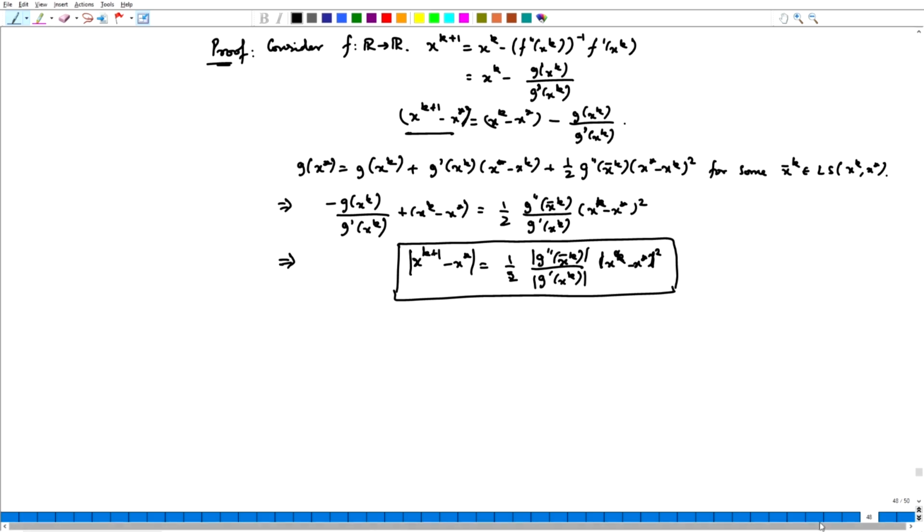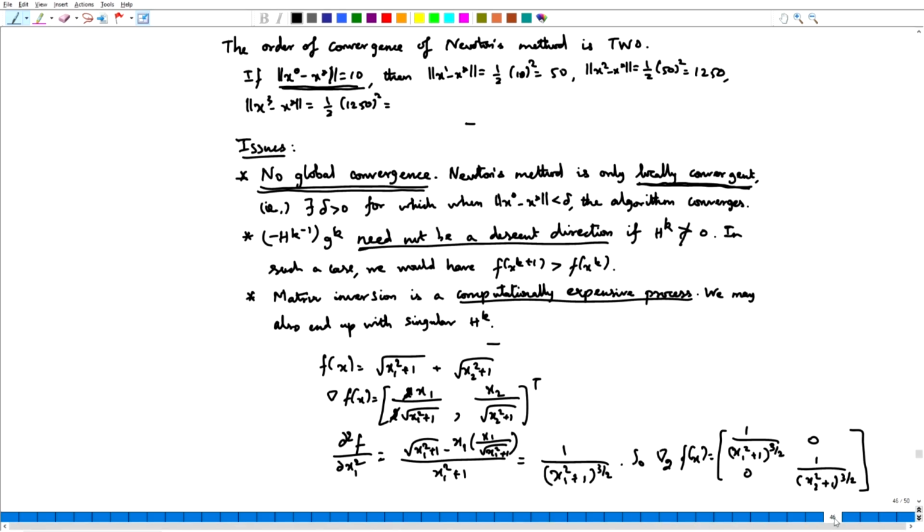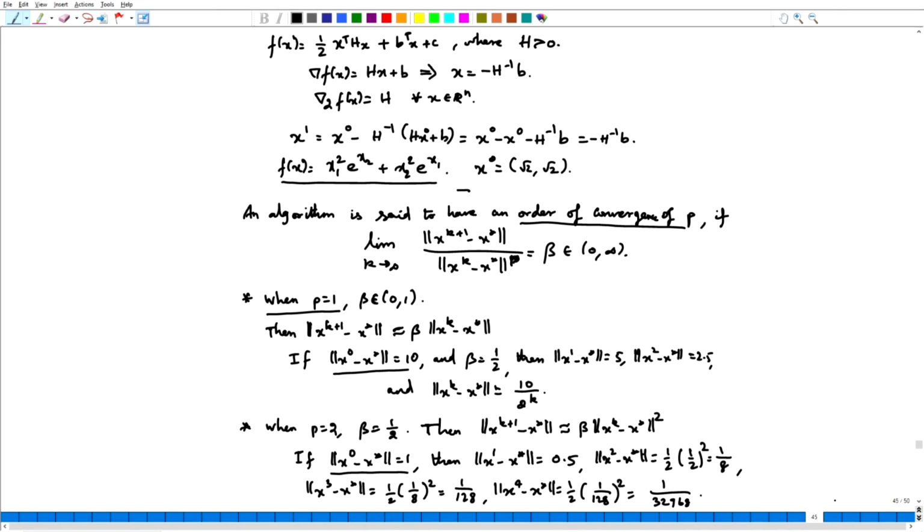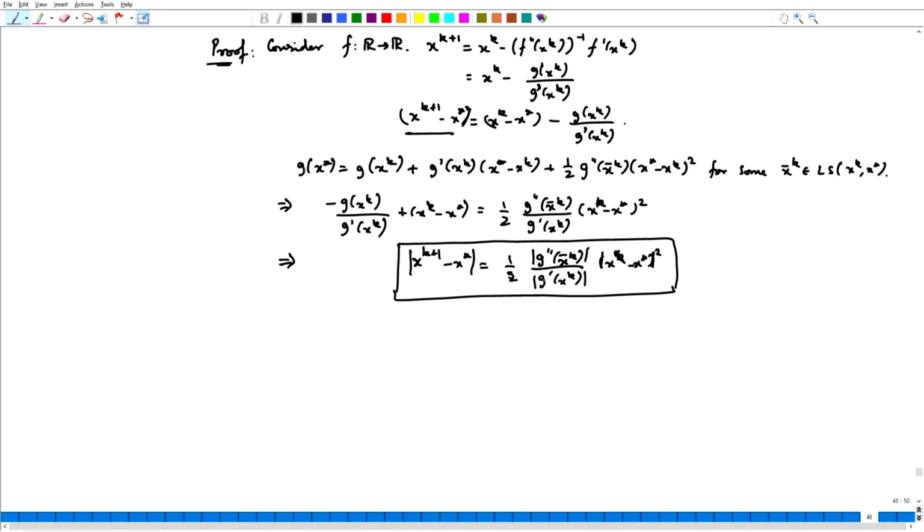Recall the definition for order of convergence. So, we see that norm xk plus 1 minus x star by norm xk minus x star the whole squared is a constant, a number.